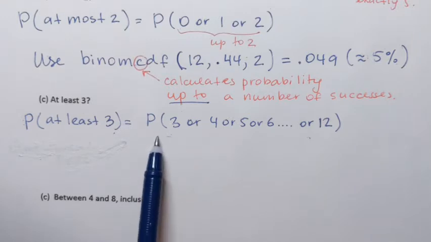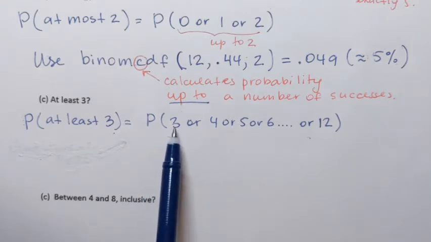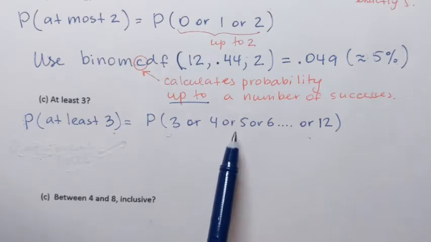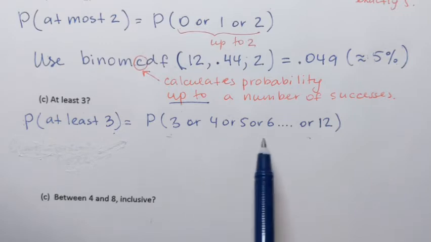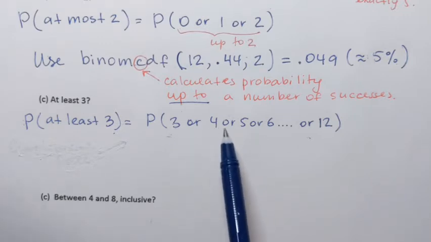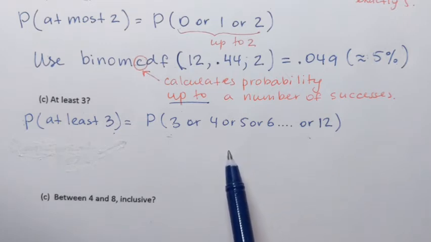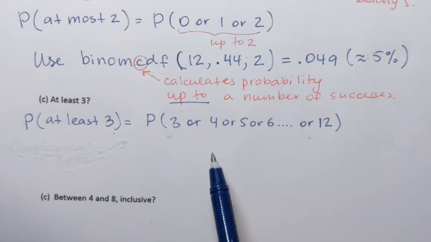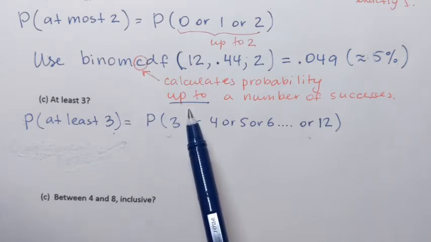First option is to find each individual probability, the chance for him making exactly 3, exactly 4, exactly 5, exactly 6, up to 12, and add those probabilities together. And that's where we would use Binompdf, right, for finding exact probabilities of each case and adding probabilities together. But it's kind of a lot of work. Let's see if we can use Binomcdf, right, because it's a cumulative distribution function.